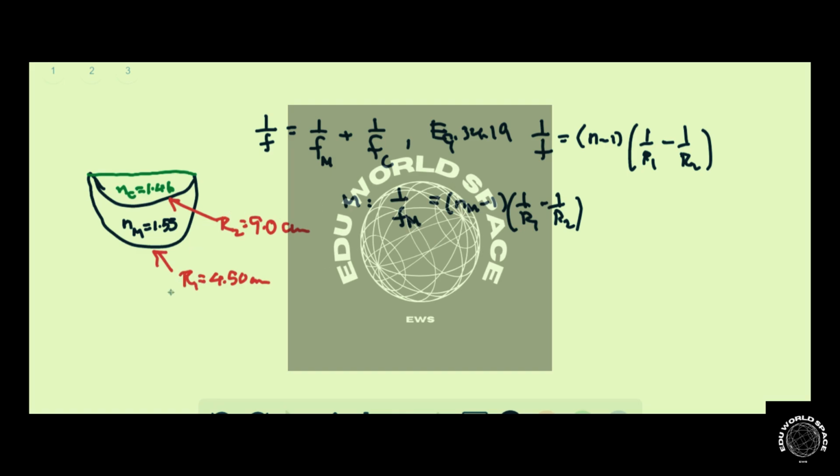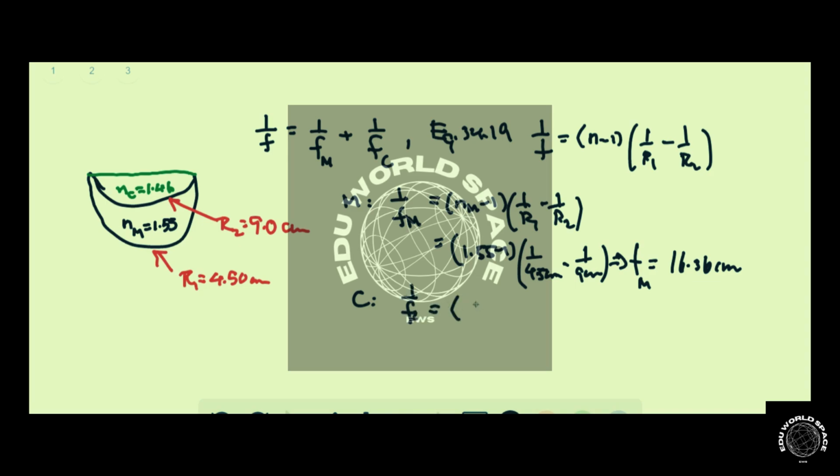So in this case, this is going to be my R1 and R2 over here, and Nm is 1.55. So let me substitute the numbers. And when I substitute these numbers and then take the reciprocal, I get a focal length of 16.36 centimeters.